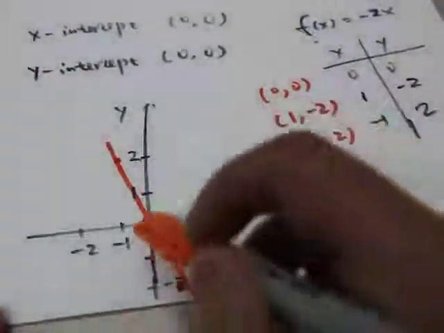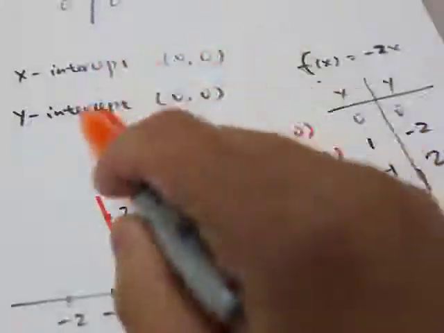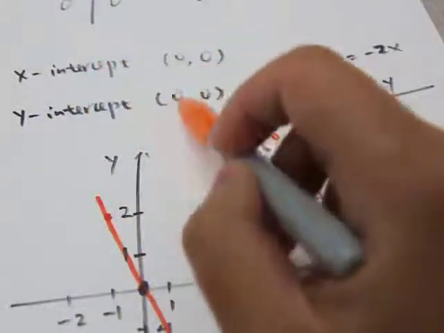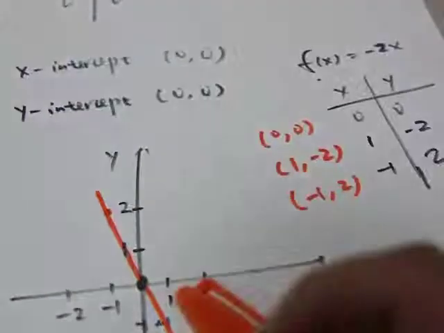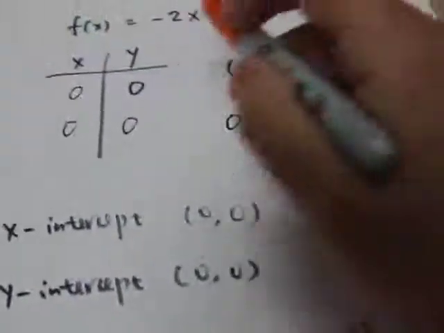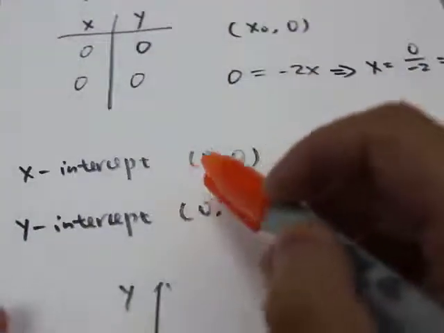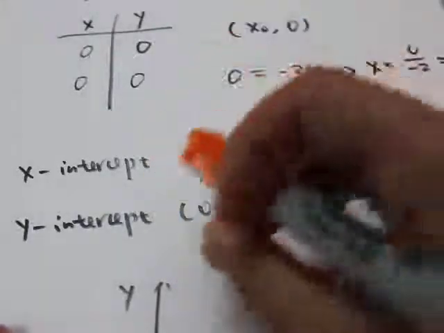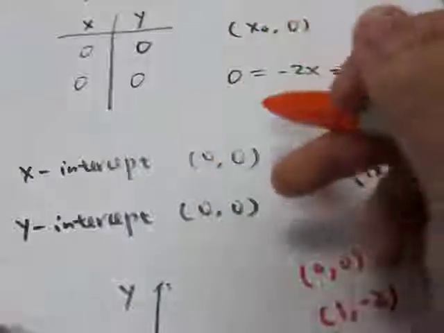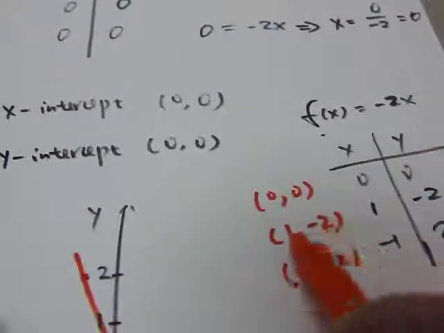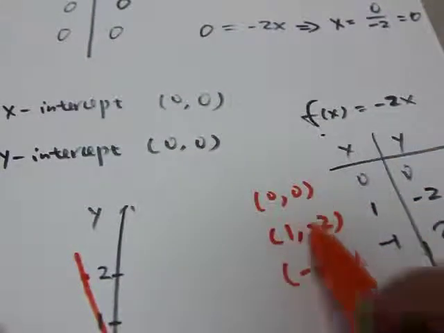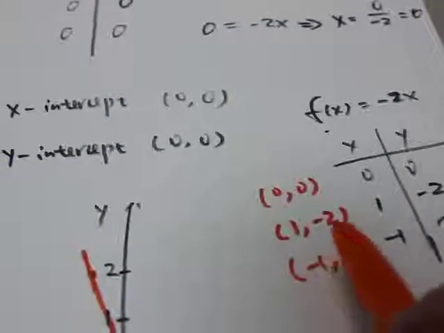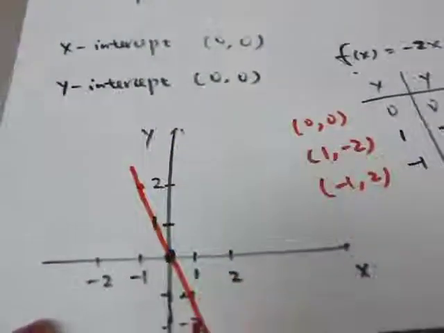That's why here the x-intercept and the y-intercept are the same point, (0, 0). Now if we have a function like this, in order to graph the function, we need to find another actual point. For example, here I found these actual points, so I can graph this function.